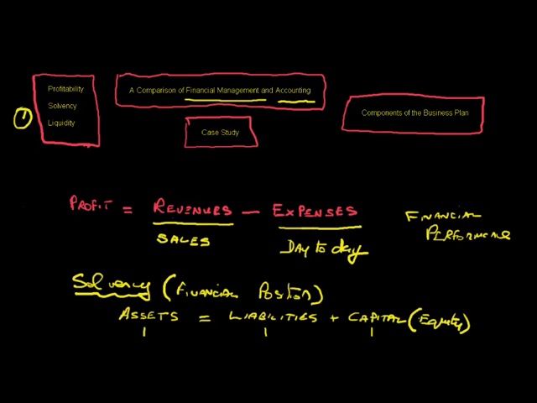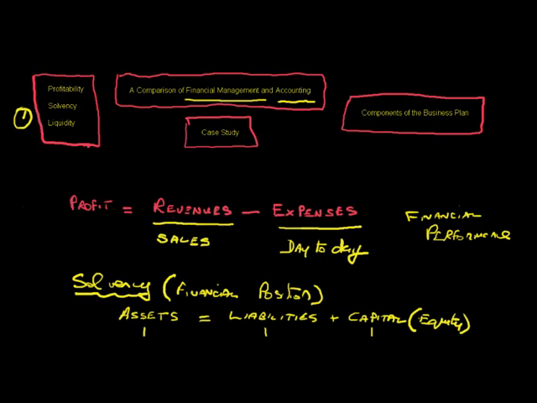That income statement looks at the revenues, and we list down the various revenues if there's more than one, and we list down the expenses, and we subtract one from the other, and we get a profit or a loss.